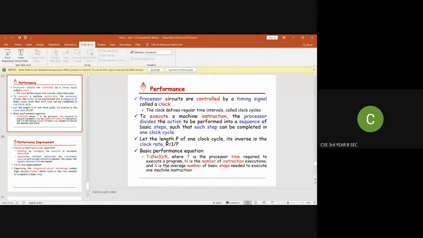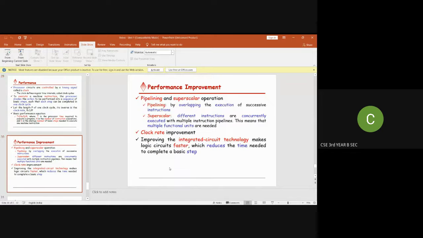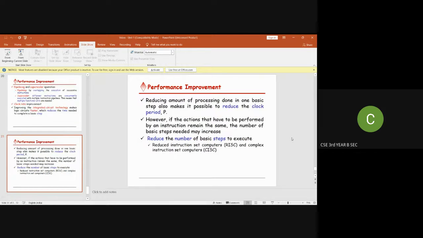Also, if we improve the technology of ICs, the integrated circuits used in the processor, it also reduces the time needed to complete a basic step. So these are the ways we can improve the performance of a computer system.